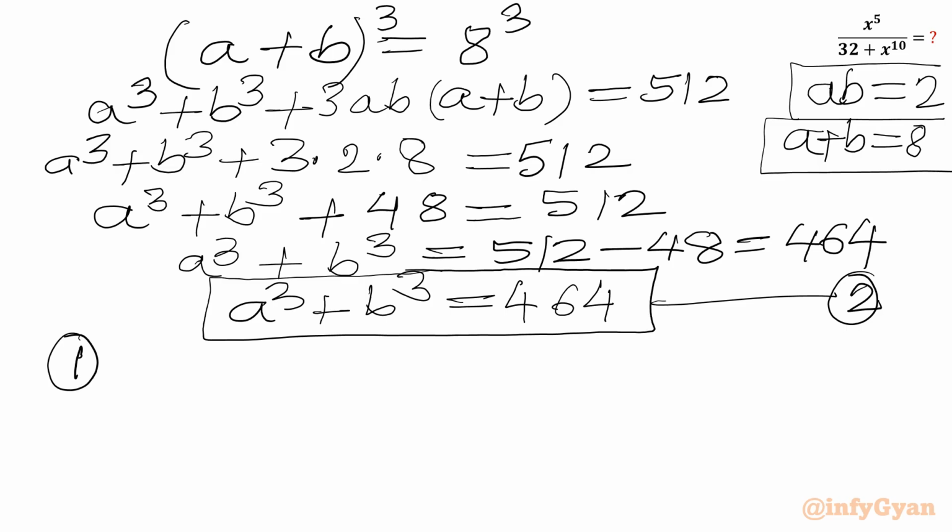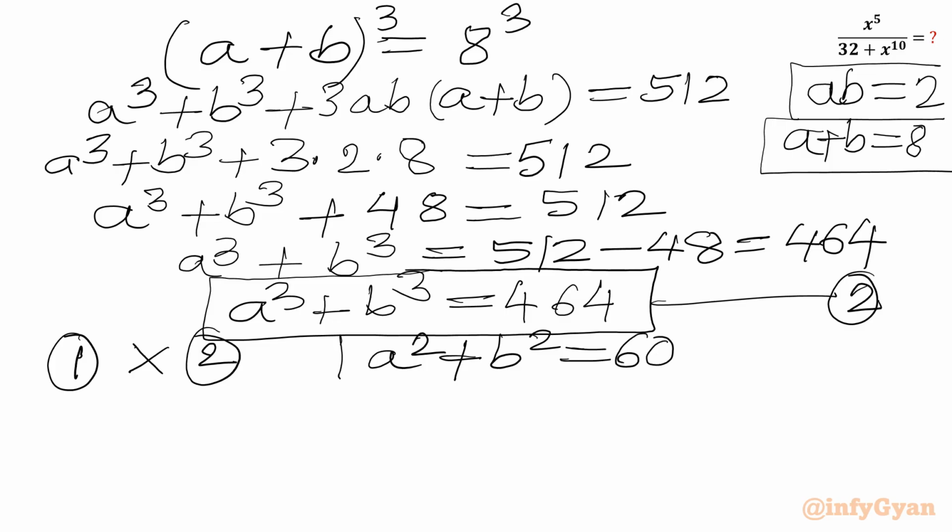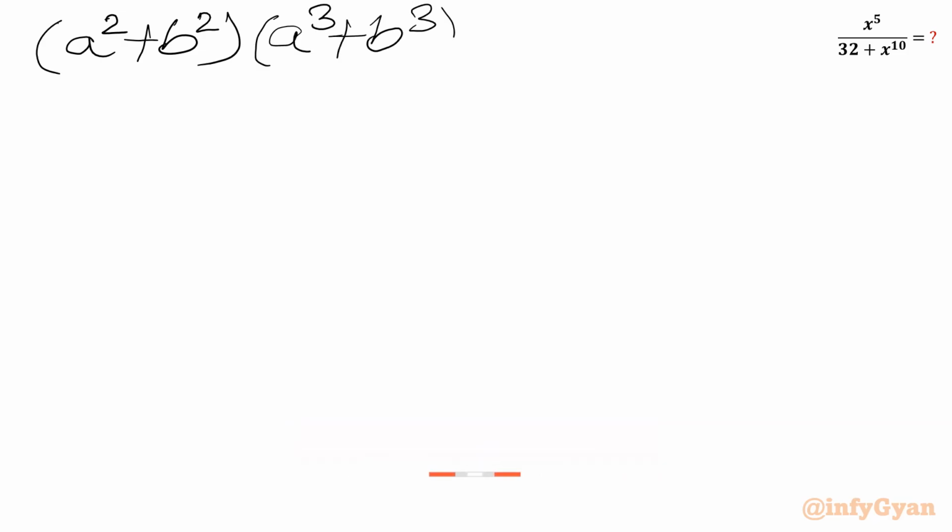Now I will perform operation 1 times 2. So equation 1 was, let me write here, a square plus b square. This value was 60. This was our equation number 1. Now I will multiply both the equations. So I will write here a square plus b square times a cube plus b cube equal to 60 times 464.